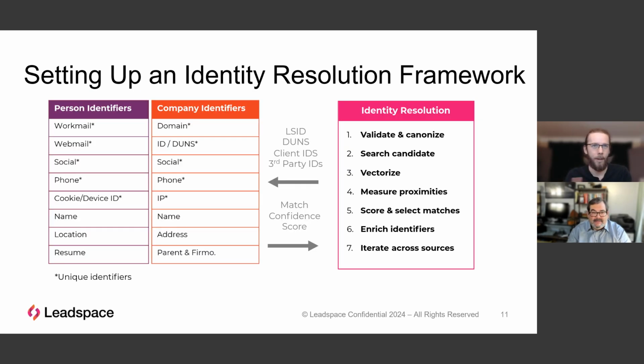So fundamentally, it all starts with applying the right identifiers. On the person side, we're going to see stuff like your webmail, your work mail, social data, phone, etc. Then beyond that, we've got company identifiers. So you've got your domains, you've got your addresses, unique IDs, a DUNS number, for example.